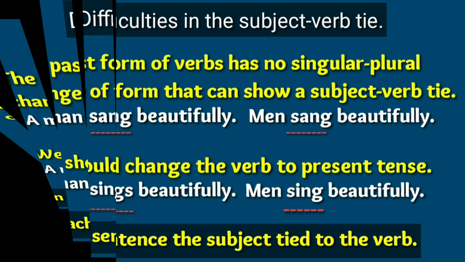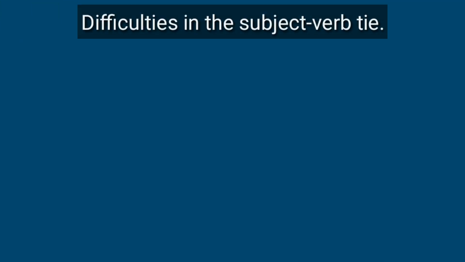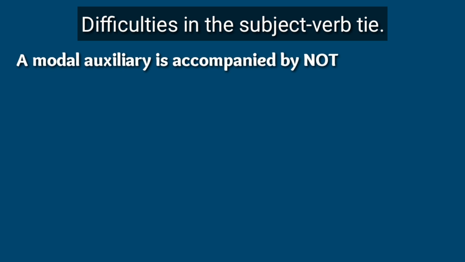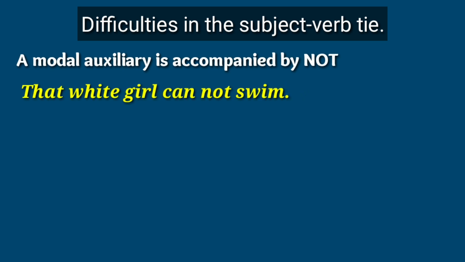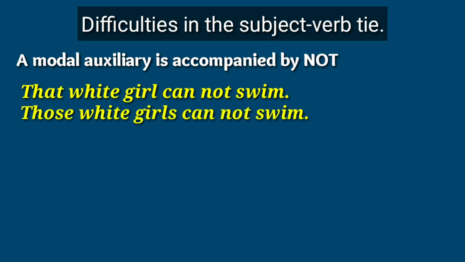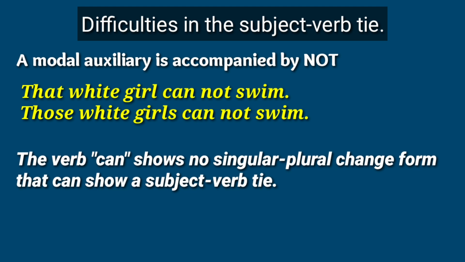Another difficulty is when the modal auxiliary is accompanied by not. For example, that white girl cannot swim, and those white girls cannot swim. The verb can shows no singular or plural change that can show a subject-verb tie. It's can for both singular and plural.